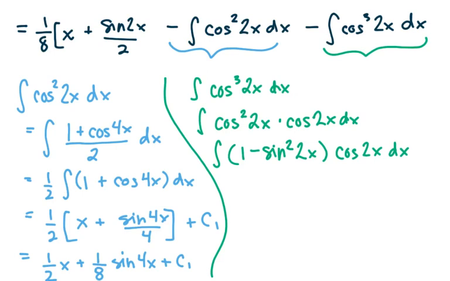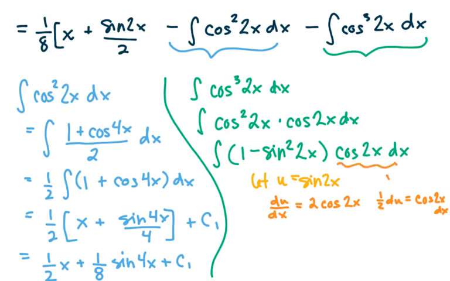If I let u equal the sine of 2x, well, then the derivative of u with respect to x is 2 cosine 2x, or rather 1/2 du equals cosine of 2x dx.